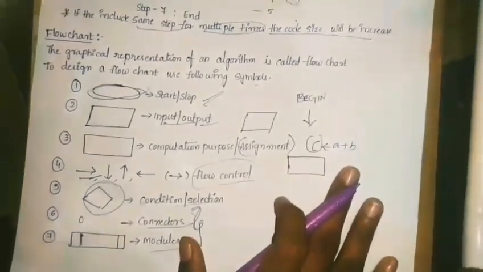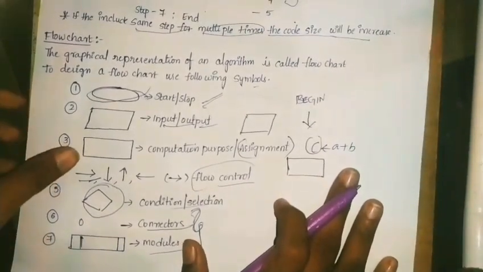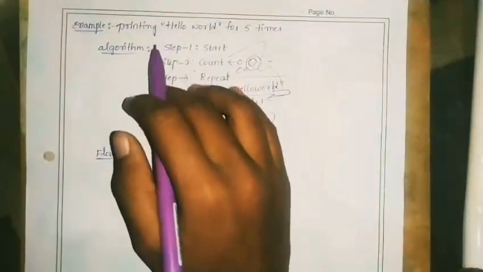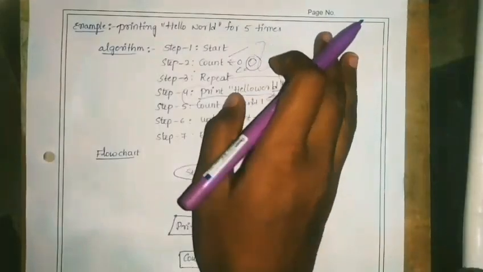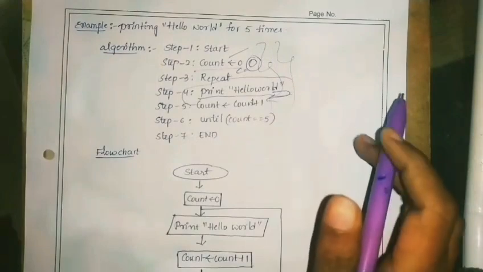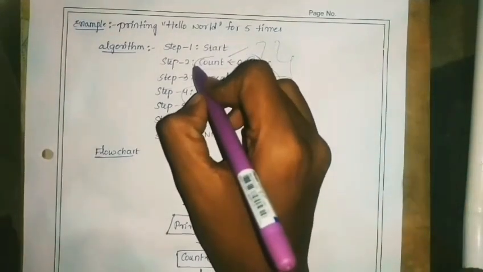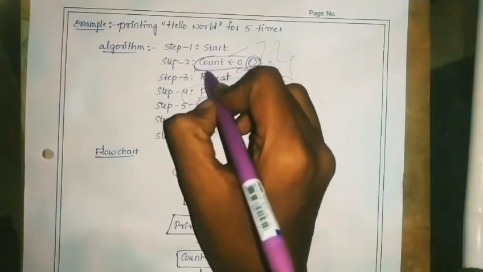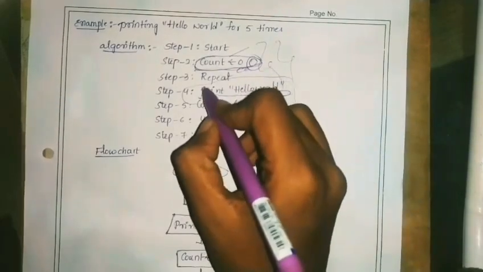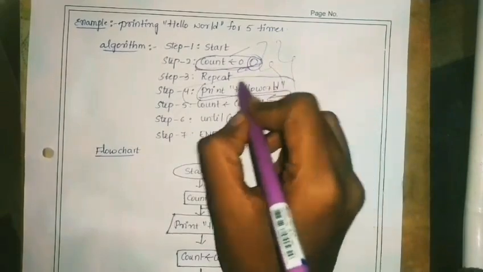Let's take an example of an algorithm using a flowchart. Let's start the example of printing hello world 5 times. You already know how to write the algorithm, but here we are using a count variable, which represents how many times hello world is printed.